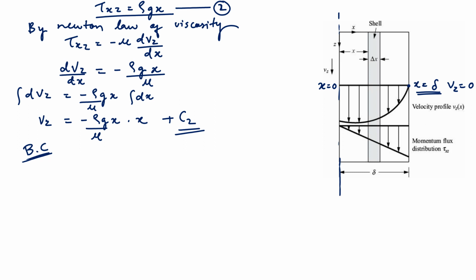So at x equals to 0, velocity is greater. At x equals to delta, at distance of film, I mean film thickness, this is my film thickness. So at distance delta, velocity is 0, right? While here velocity is maximum.